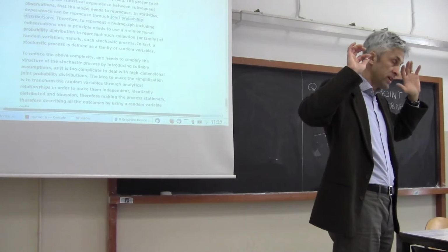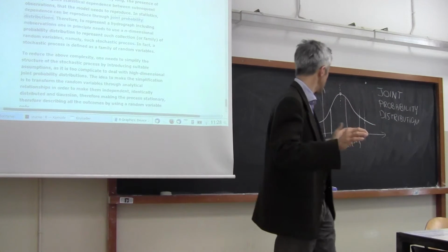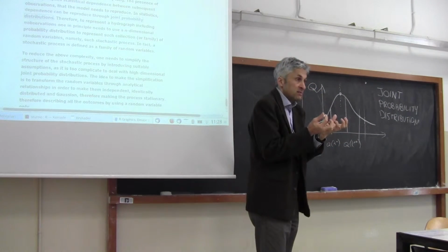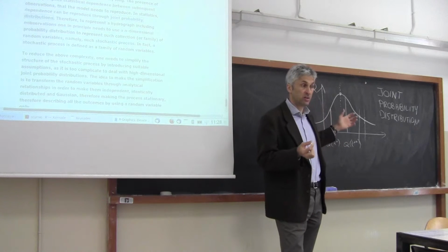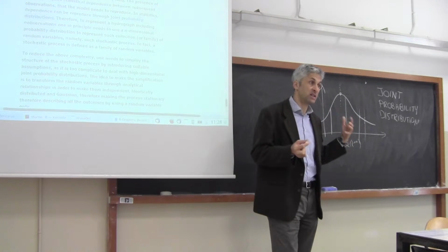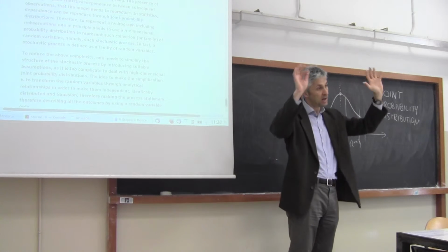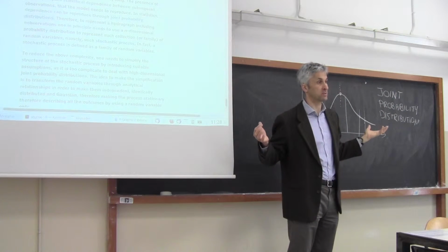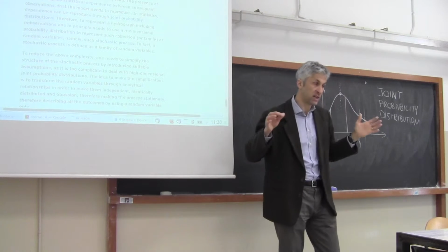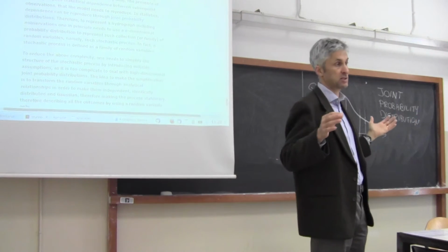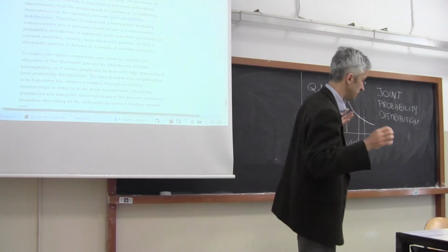And you can fully understand this definition, because it is what I need in order to represent the hydrograph. What did I say? I said that I need to represent it by using a collection of random variables. And this is precisely the definition of a stochastic process. So this is what we need.